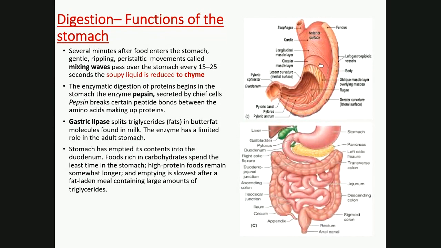So first carbohydrates empty, the next would be fatty foods, and proteins remain in the stomach the longest. So eating a high protein diet may allow you to feel full for a long period of time versus eating a high carbohydrate diet.